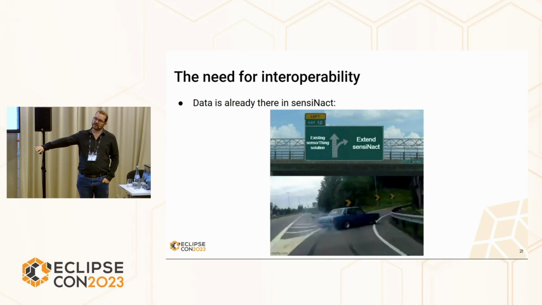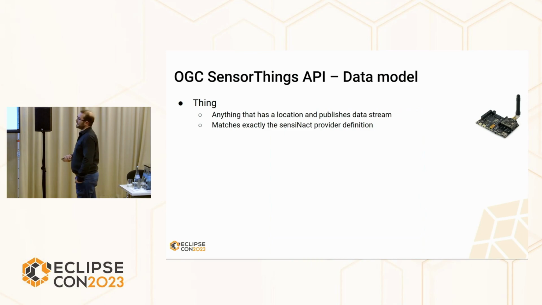Either throw away everything they have with Eclipse SensiNact that they use for some time, or they asked us if we could extend SensiNact to provide a new northbound provider to match the expectations of the Horizon project. So, the first thing we had to do was to understand what was the data model of OGC SensorThings and how to adapt what it looks like in SensiNact to match their requirements.